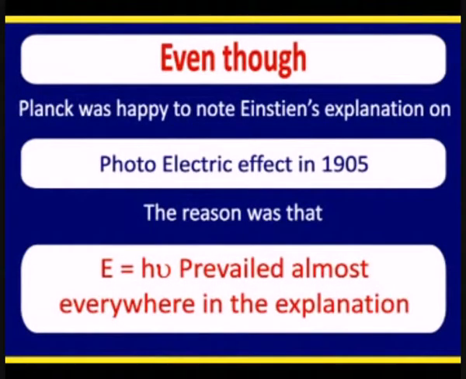Even so, Planck was very happy to note Einstein's explanation of the photoelectric effect in 1905. When Max Planck saw this explanation by Einstein, he was very happy, because E equal to h nu prevailed everywhere in the explanation.